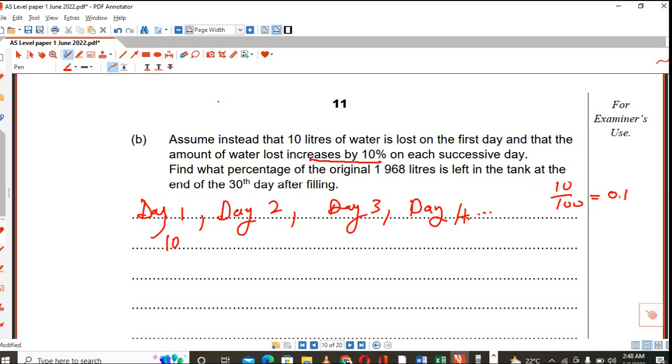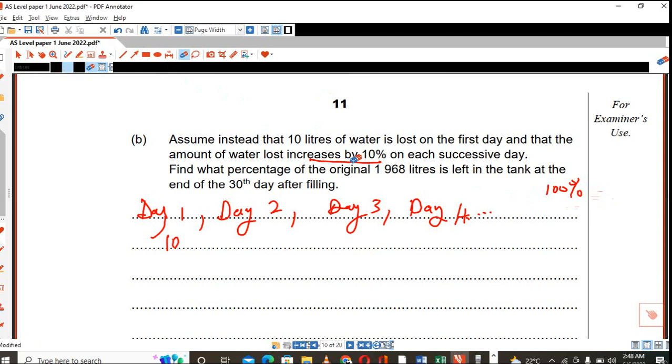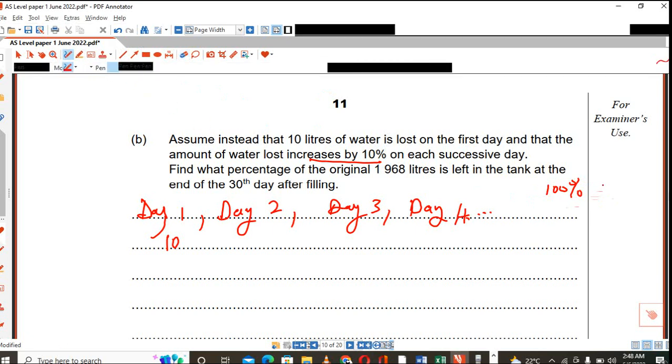Okay, so when something increases by 10%, I'll say, okay, wait a minute, that's 100% plus 10%. So it's about 110%, which is 110 over 100, which is 1.1.